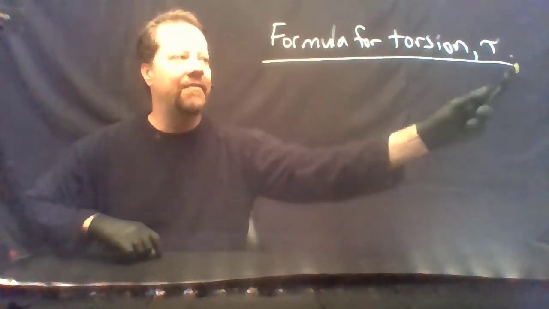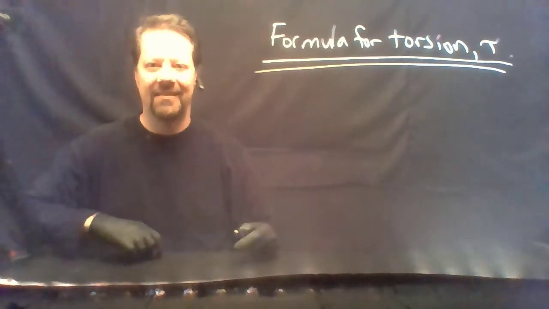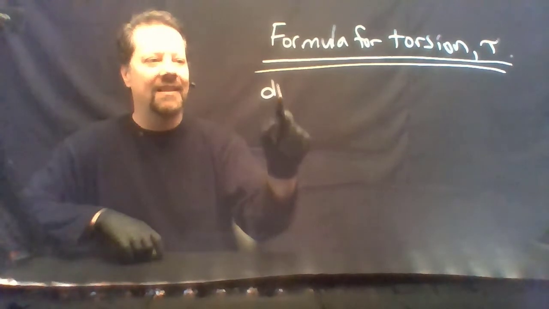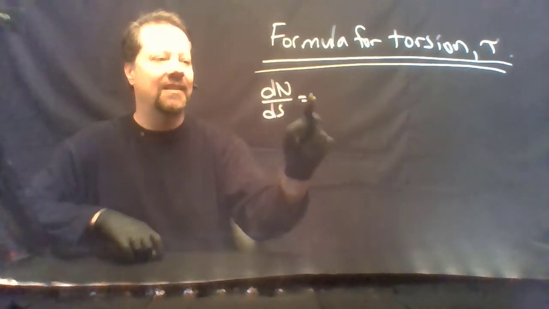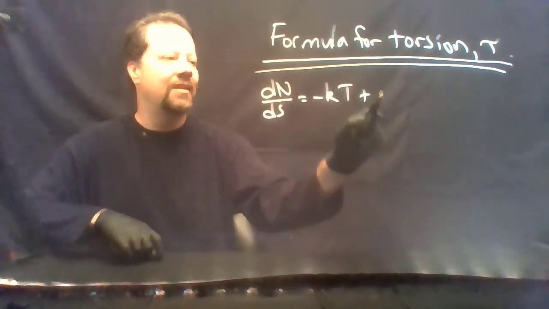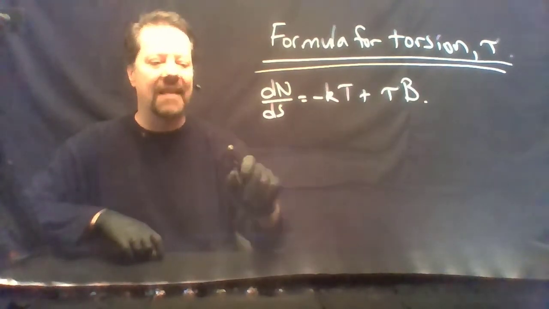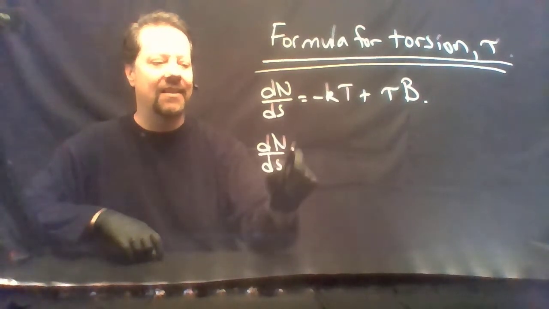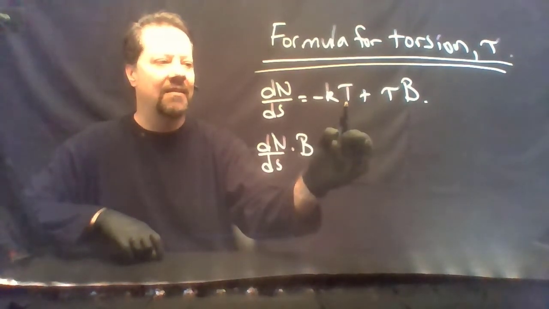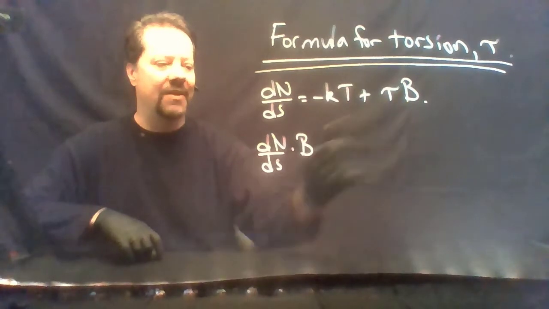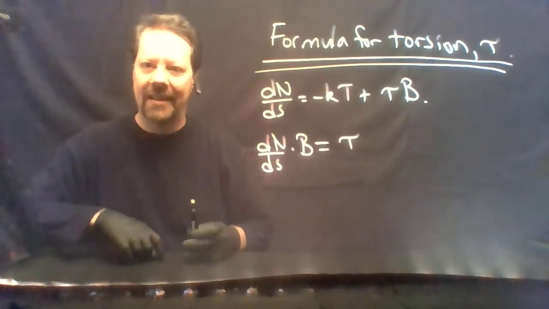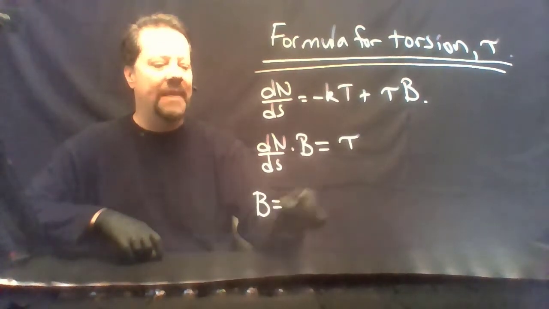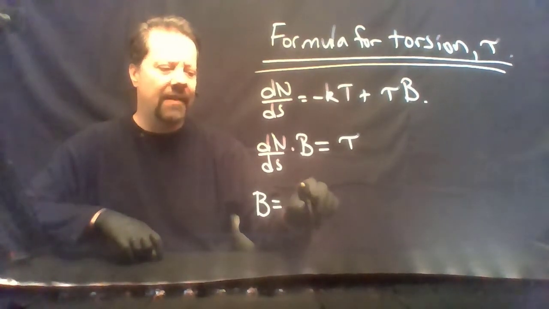I want to find an efficient method to calculate the torsion, tau. First, recall that dN/ds is minus curvature t plus tau times the binormal b, which means that if we calculate dN/ds dot b, since b dot t is 0 and b dot b is 1, that gives you the torsion. Also, note that b can be found as follows.